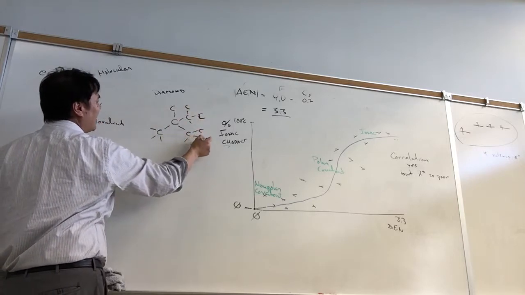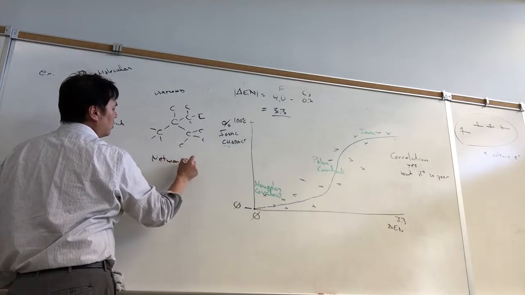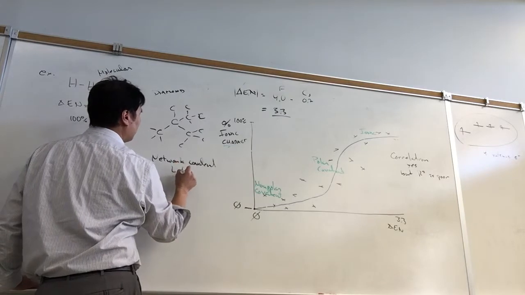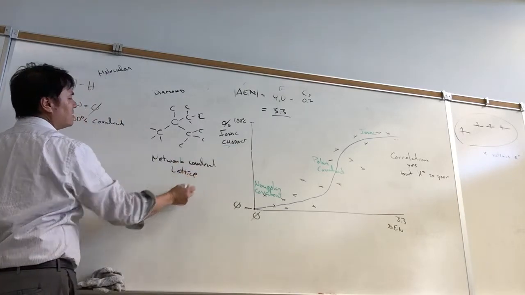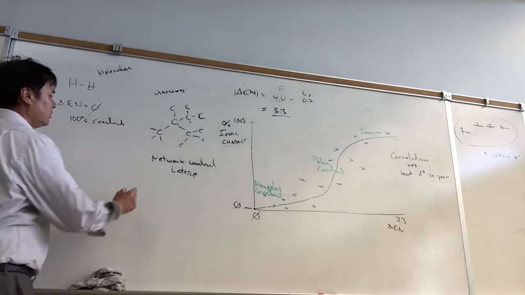And so we set up a lattice here. This would be called a network covalent lattice. And a network covalent lattice like this, well, these are non-polar covalent bonds. Delta EN is 0 here.